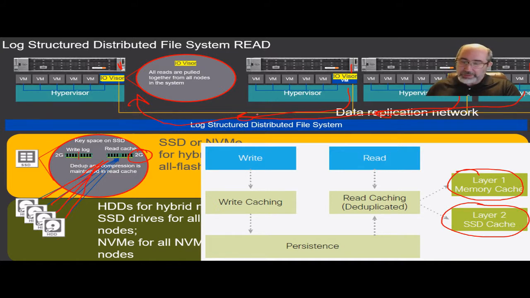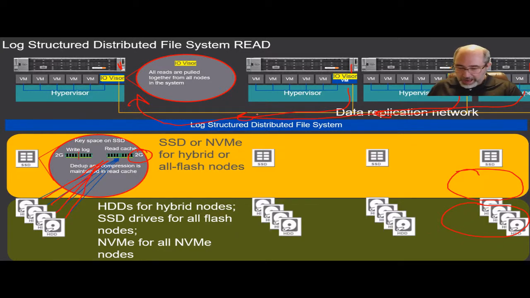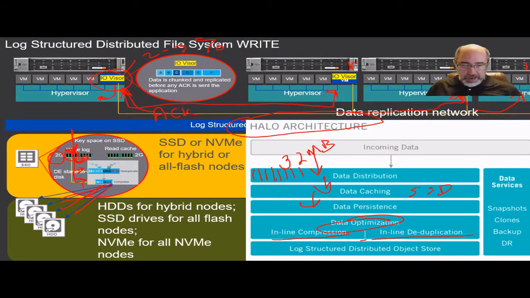There's no other player out there that has this process of writing to or reading from. They don't have this data distribution layer that chunks the data and distributes the data as chunks across the entire environment.